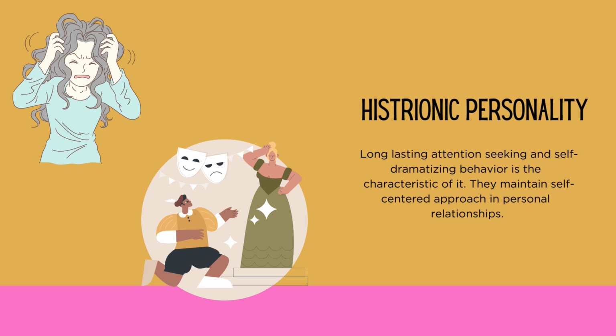Lastly, the histrionic personality. It is described as long-lasting attention-seeking and self-dramatizing behavior. They maintain a self-centered approach in personal relationships. These personality traits crave the approval of others and are self-centered to the point of being seductive, wearing flashy dress, and having sensitive emotions.